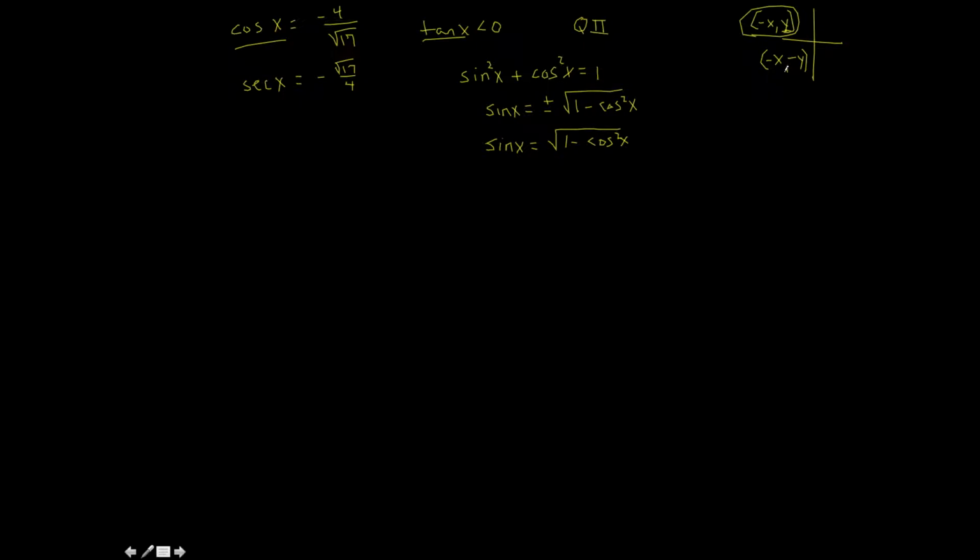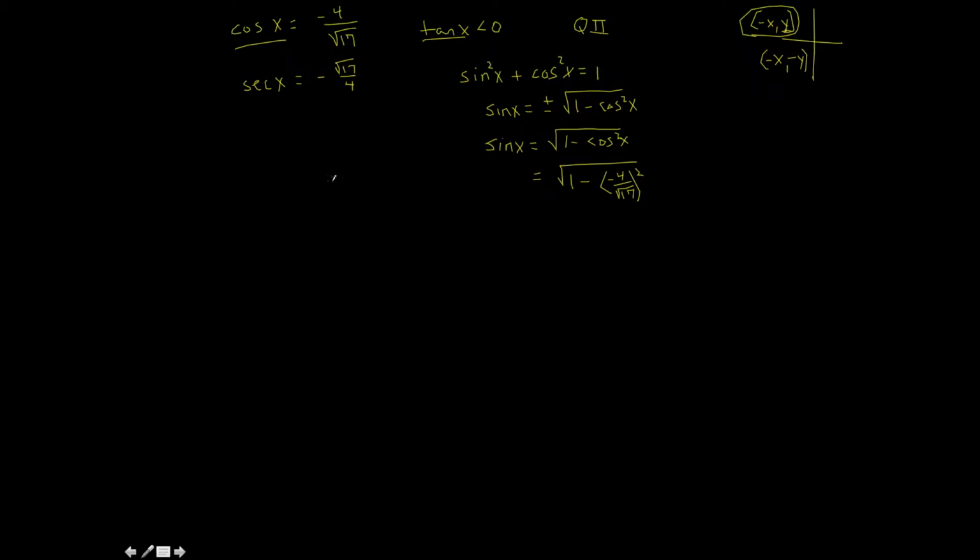So now that we know this, we know what cosine is. Cosine is negative 4 over the square root of 17, squared, because this is cosine squared, remember. So that's negative 4 over the square root of 17 squared.